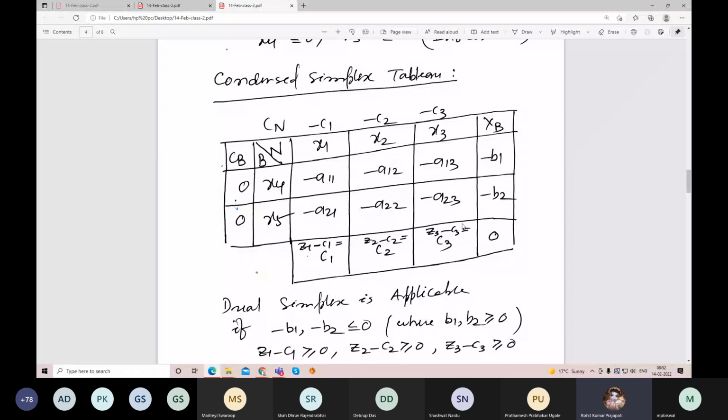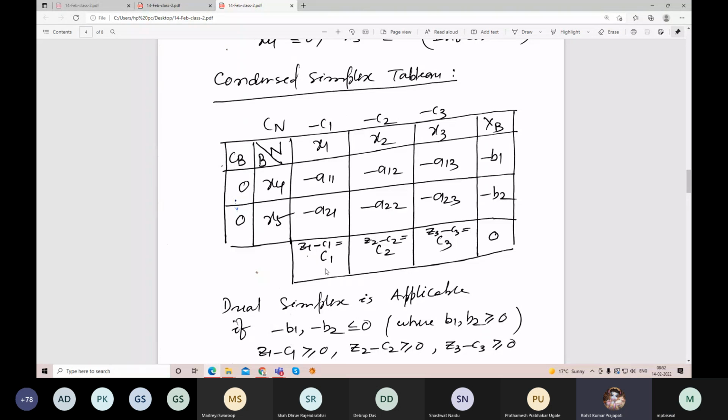Okay, so we want to calculate the indicator row elements, that is z1 minus c1. How much will it be? Who can say? z1 minus c1 will be c1, because the basic coefficients are 0, 0, 0 and the minus c1 gives plus c1. Cost coefficients cannot generally be negative.